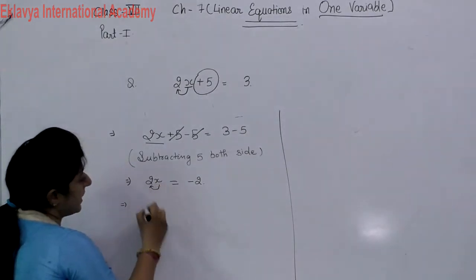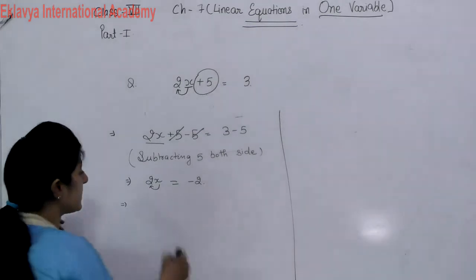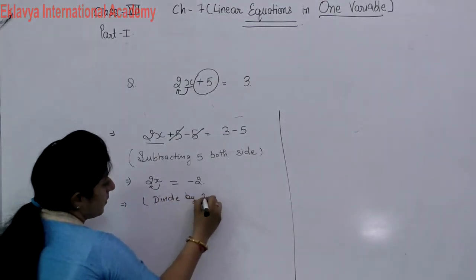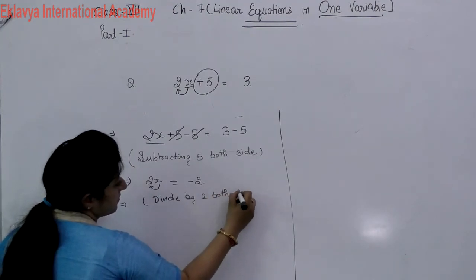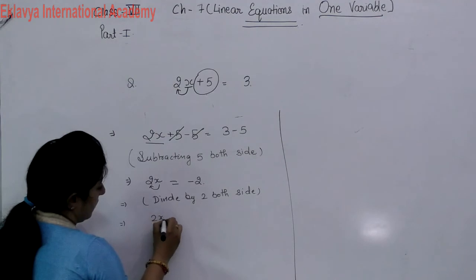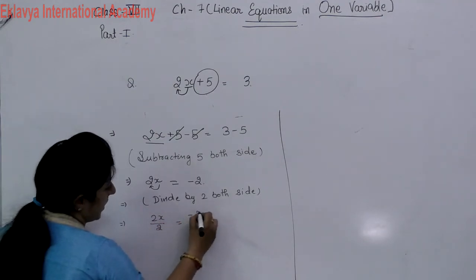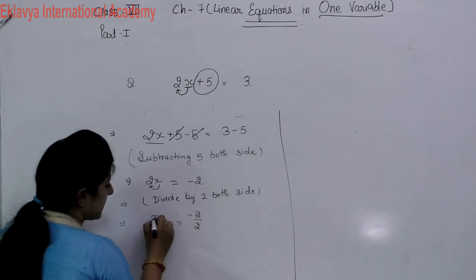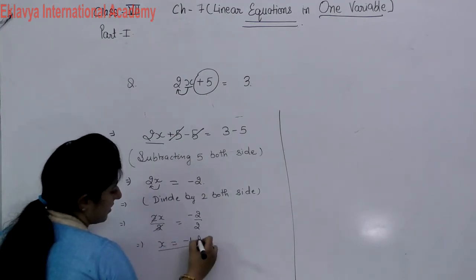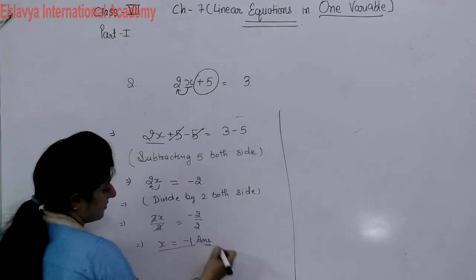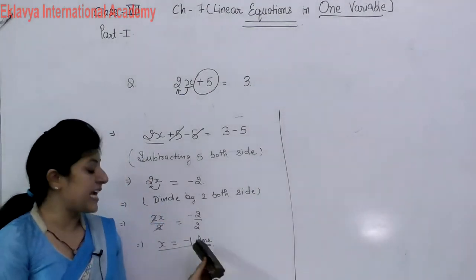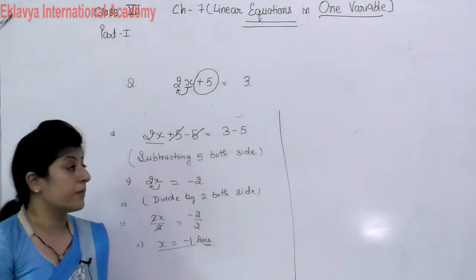Here 2 is in multiplication, which means divide by 2 on both sides. 2x/2 = -2/2, that is, x = -1. This is our answer. So we get x = -1.